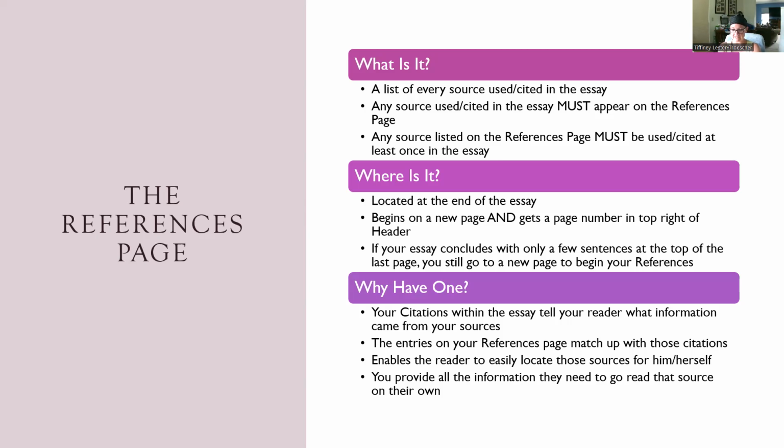And when your reader finds that entry, they now have not only the last name of the author, but the title, where you found it. If it was online, it will have the exact URL that they need to click on to go to that exact spot where you found that information. So we need the references page to correspond to the citation.